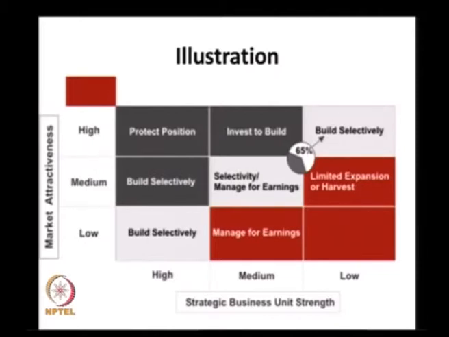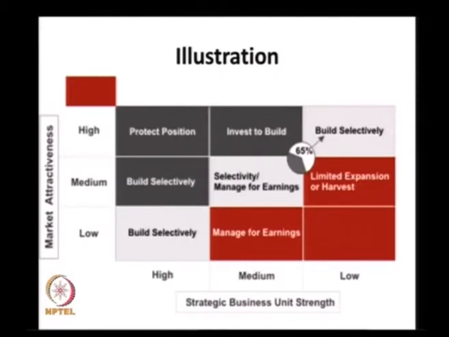So, you need to be very selective in your building, and if you have high market attractiveness and high strategic business unit strength, you will have to protect that position, or you need to invest. If market attractiveness is very high and you have a medium business unit strength, you invest to build and consolidate the business unit strength.